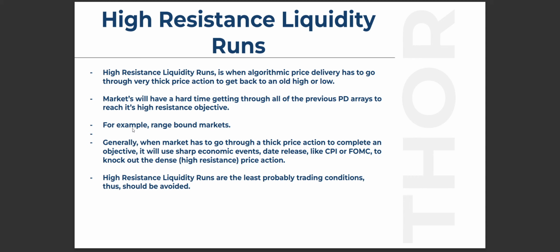Like I mentioned here, for example, range bound markets. Range bound markets are essentially there just to generate liquidity, providing market fuel to move in the direction or to attack the high resistance objectives.